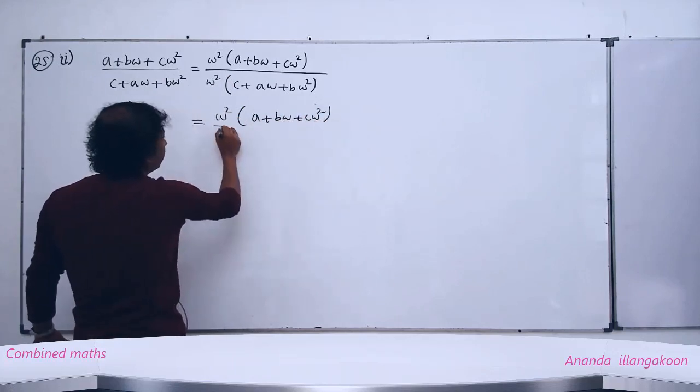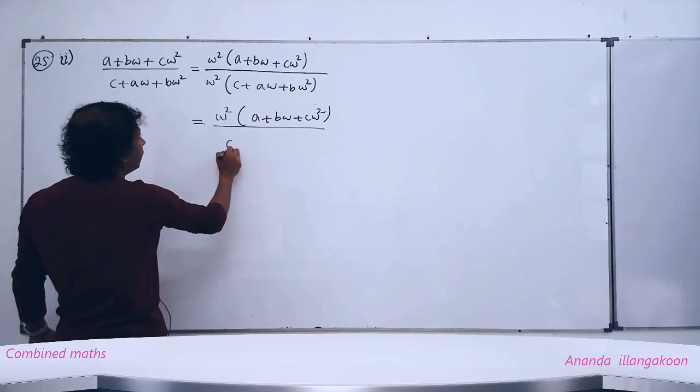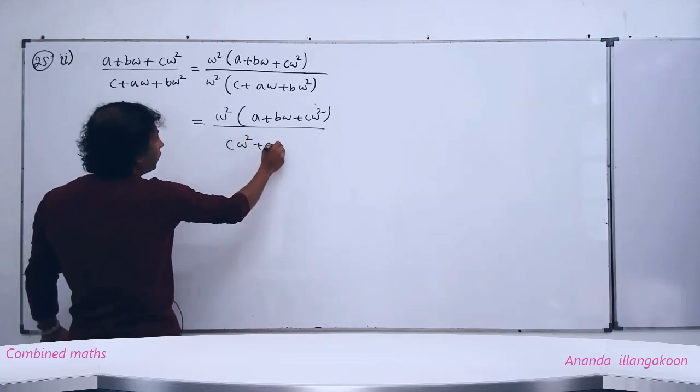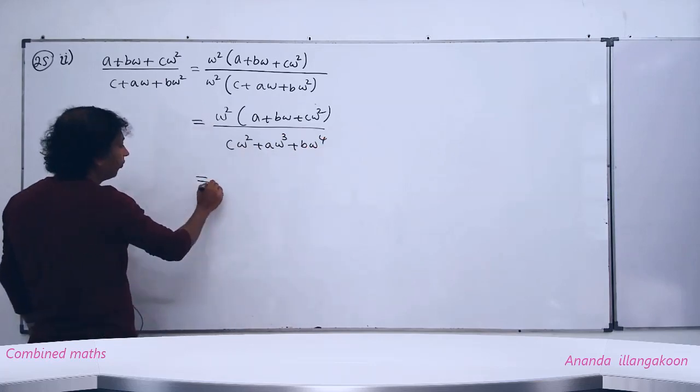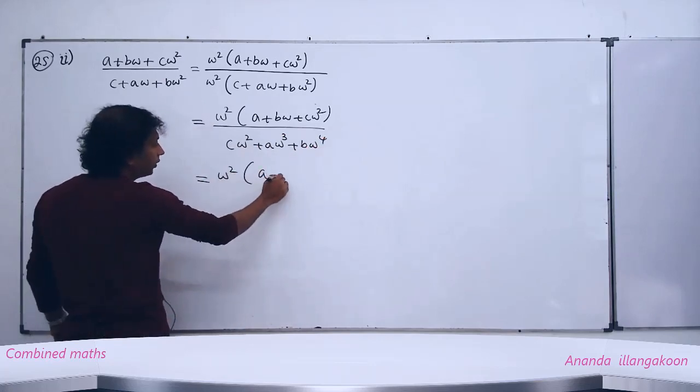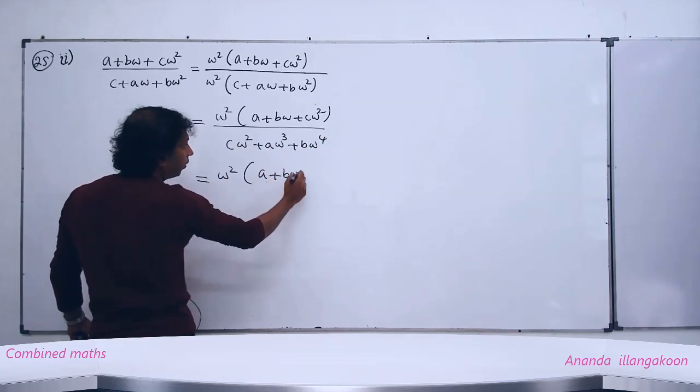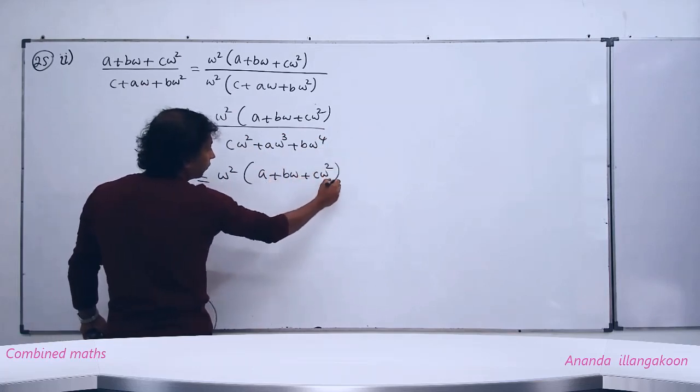We'll multiply the denominator by omega squared: c omega squared, a omega cube, b omega 4. This is a plus b omega plus c omega squared.